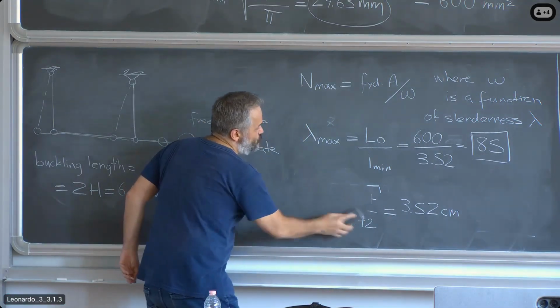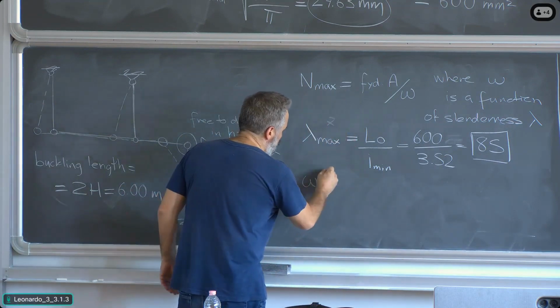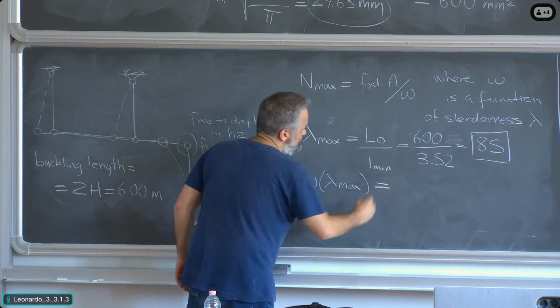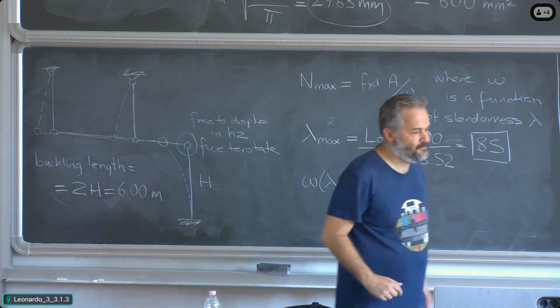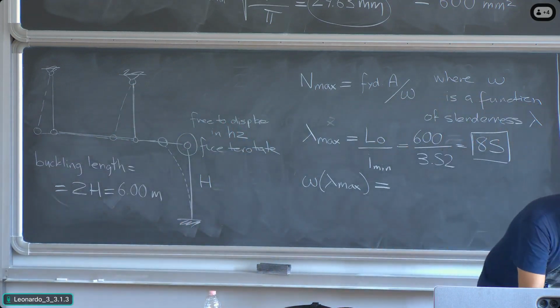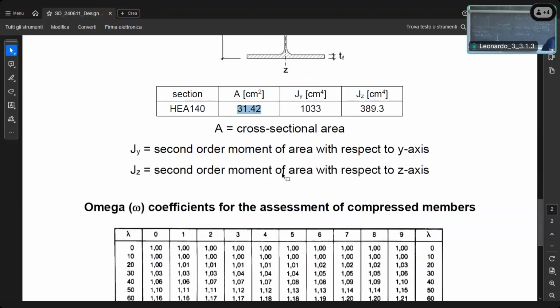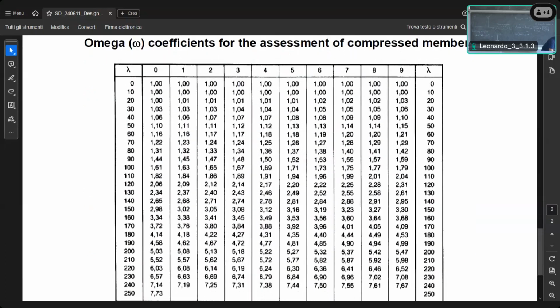From this value of slenderness, I can work out omega corresponding to this maximum slenderness. Slenderness is 85. Quickly sharing the screen. You go down to find the omega value corresponding to 85.